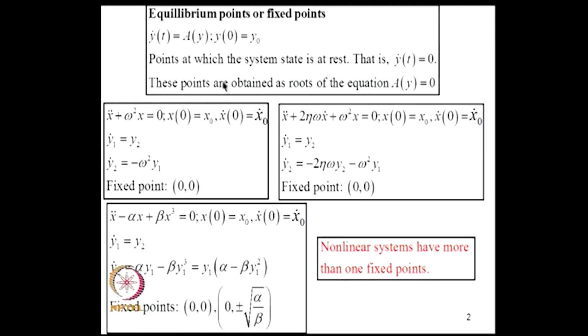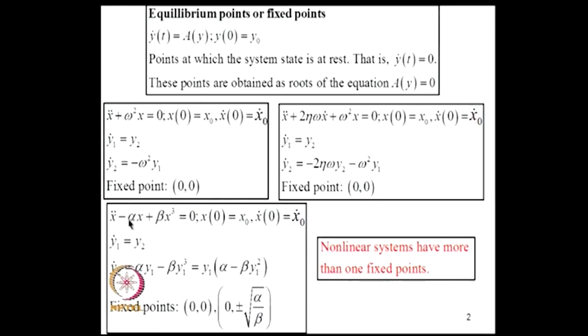They are the equilibrium points or the fixed points, and these points are obtained as roots of the equation A of y equal to 0. We saw that for an undamped single degree of freedom system, the origin is a fixed point. Similarly, for a damped single degree of freedom system, the origin is a fixed point.